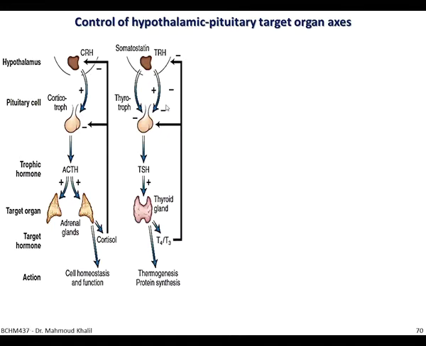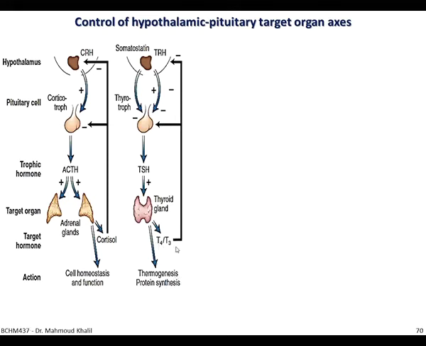In this second example, you can see that TRH can positively affect another type of cells, the thyrotrophs, to secrete TSH. This thyroid stimulating hormone will affect the thyroid gland to release its target hormones, T3 and T4, and this, of course, will affect protein synthesis.